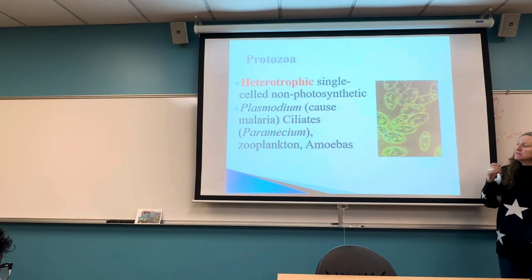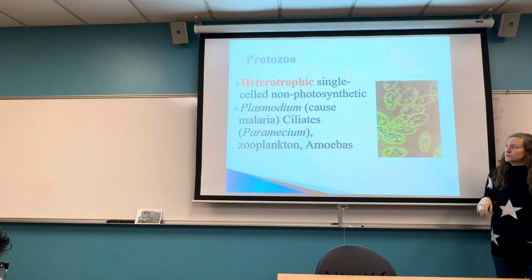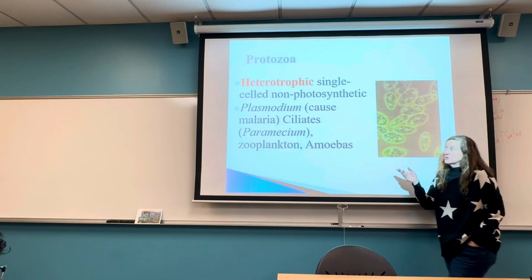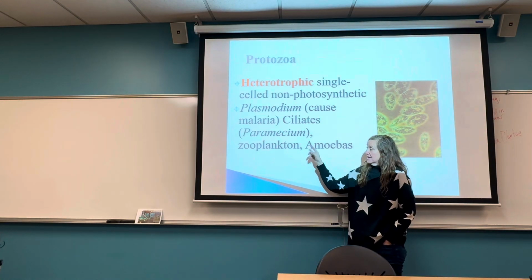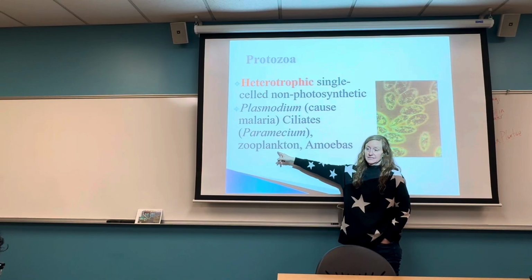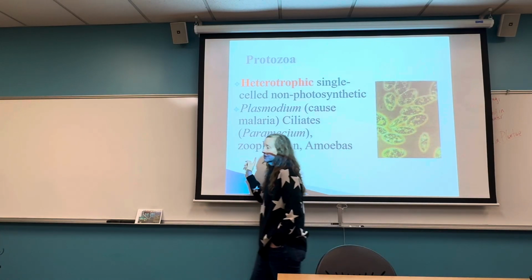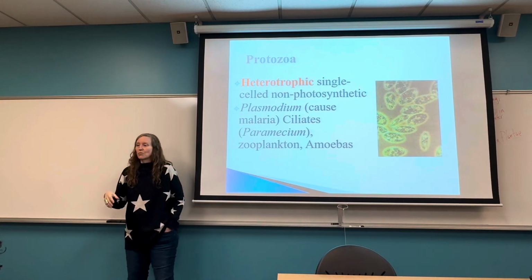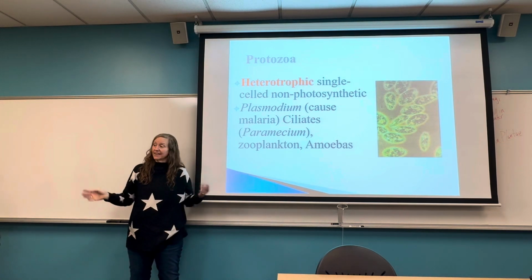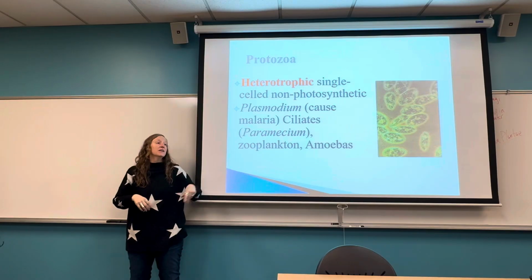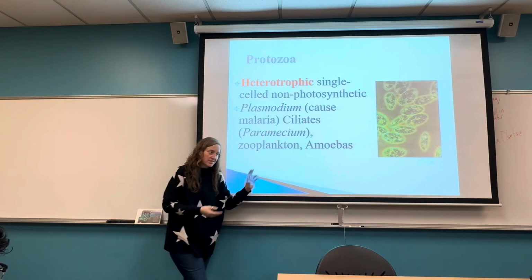There's a big group called Paramecium. There are a lot of different species of Paramecium, but also included are Plasmodium, which causes malaria, amoebas, and then zooplankton. Zooplankton are anything that lives in the water that is animal or animal-like, and they eat the phytoplankton, and they get pushed with the currents as well.